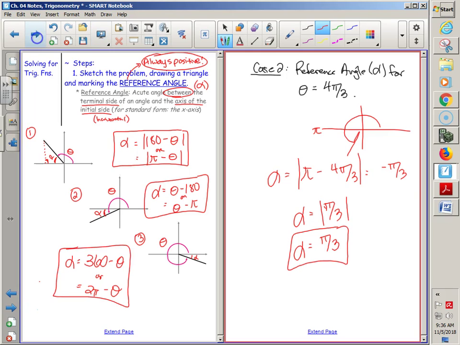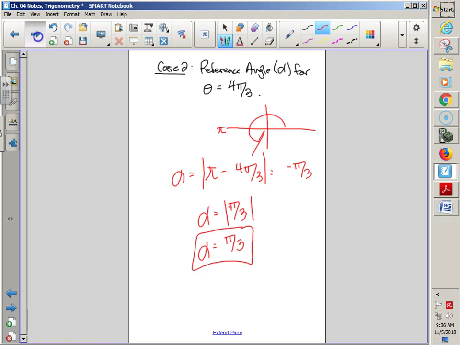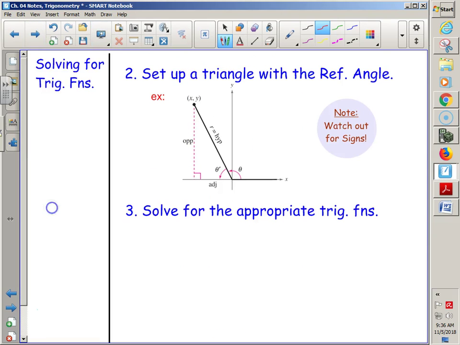Okay. What else do we have? Set up a triangle with the reference angle. If we're trying to solve for trig functions, first thing we want to do is figure out what is the reference angle. Second of all, try to fill in the information for the triangle.